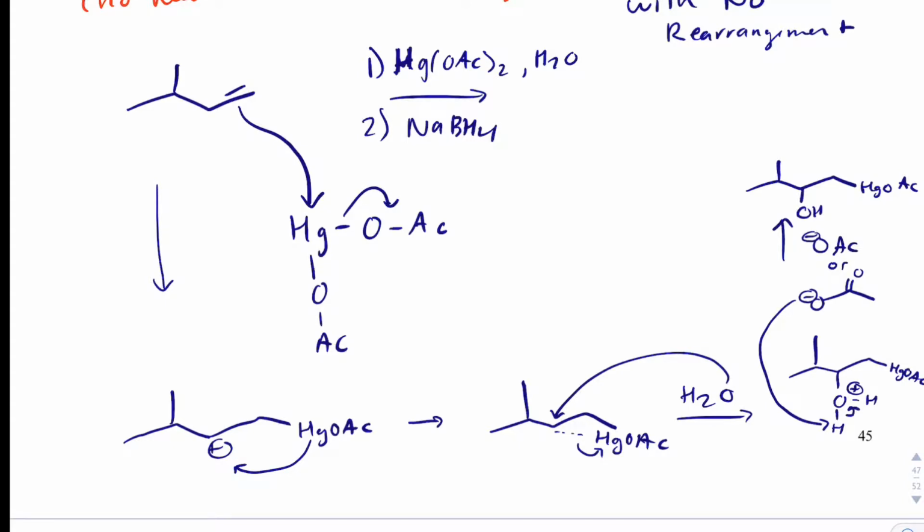And we get this. Now, that was all step one. And then in step two, NaBH4 will remove HgOAc off that molecule. And so, long story short, you don't need to know this mechanism.